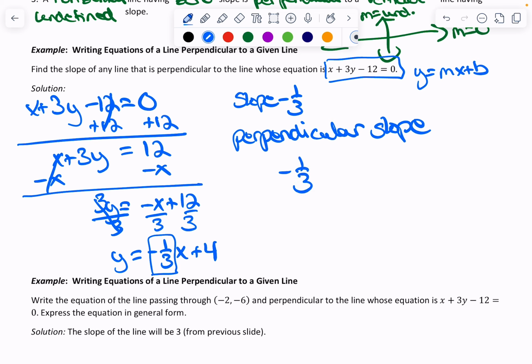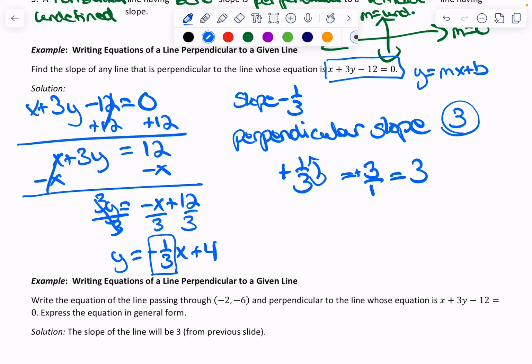We are taking the reciprocal, so we're flipping it over and switching the sign. So it ends up being 3 over 1, which is 3. So the perpendicular slope is 3.